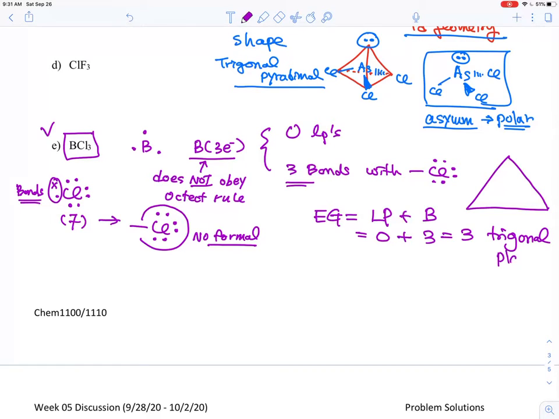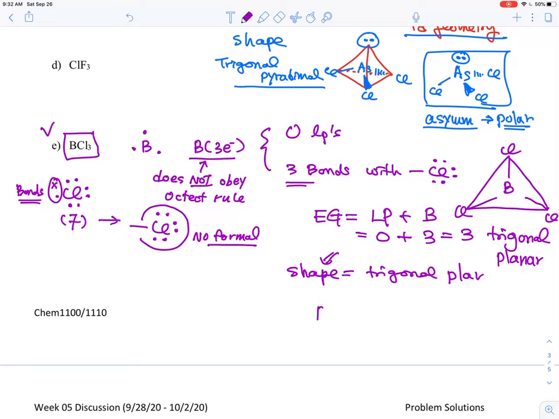If you have 3 electron groups, that is a trigonal planar structure. So what goes in the middle? The boron goes in the middle, and chlorine occupies the corners, and they're just going to form the bonds. So if I just show you the shape, this shape is actually the same as the geometry here because there are no lone pairs, and this is trigonal planar.